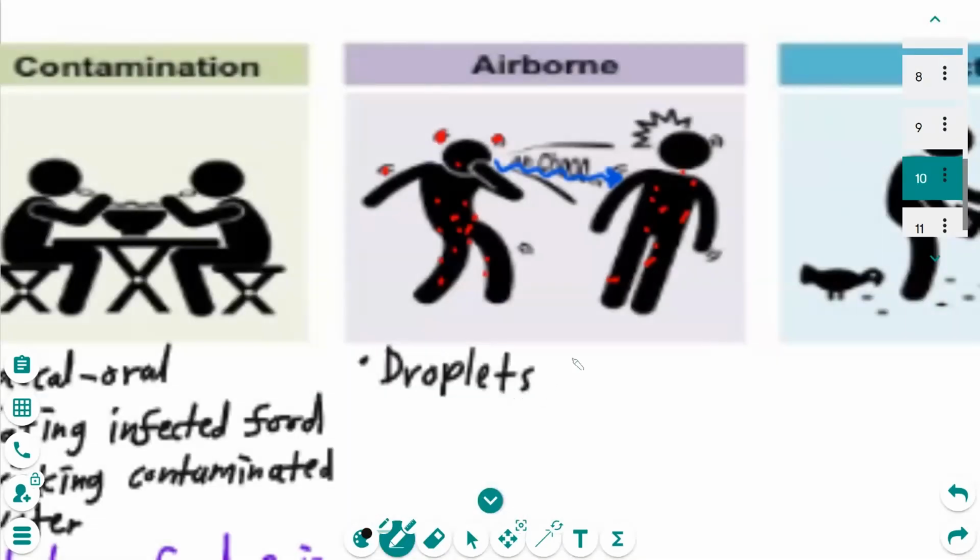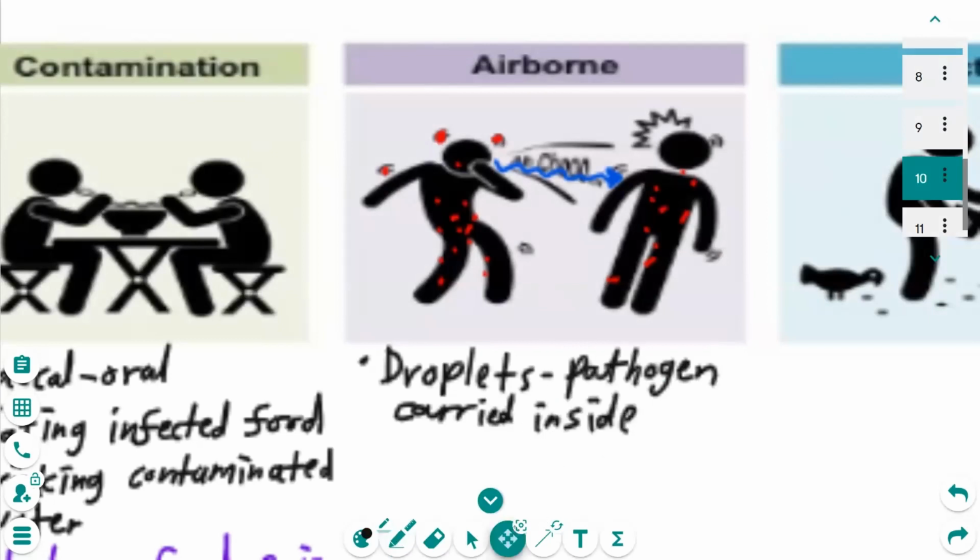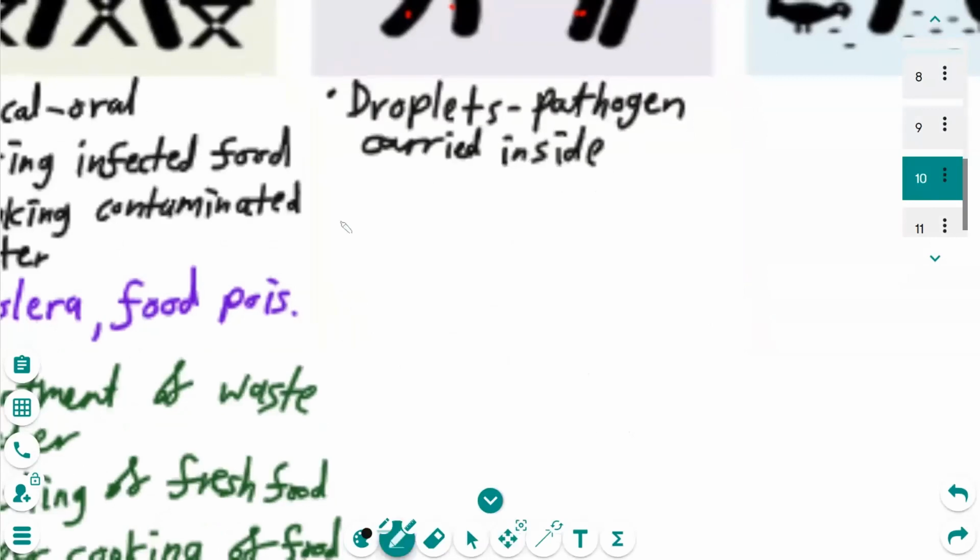So droplets is one, with the pathogen carried inside, but also by spores. And these are a resistant stage of the pathogen, and they can be carried in the air or reside on surfaces in the soil.